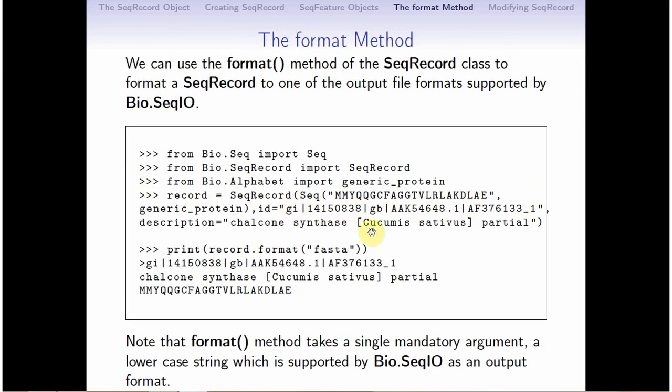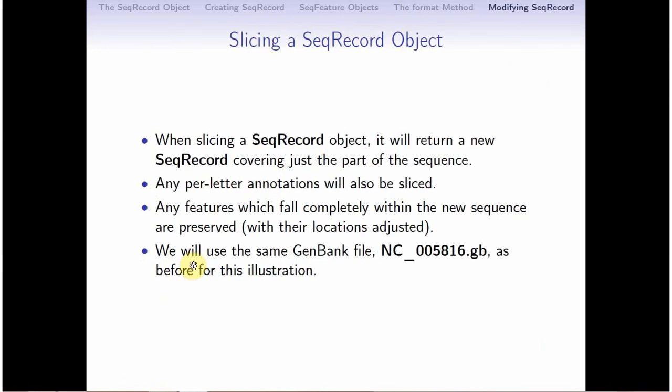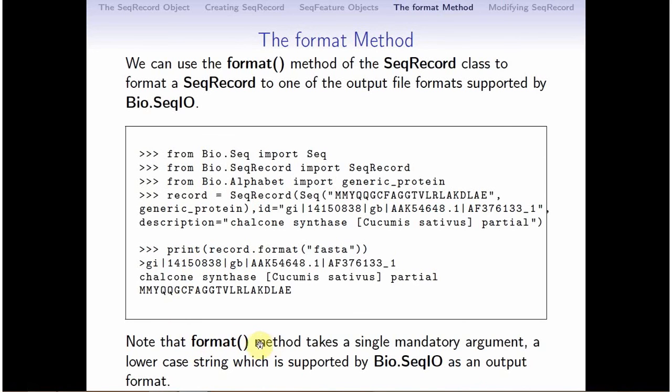This is the ID, and this is the description. I can change this sequence record into FASTA format by using dot format, FASTA. If you print it out, this is what happens. Note that the format method only takes in one single argument, so if you have more, you cannot use this.